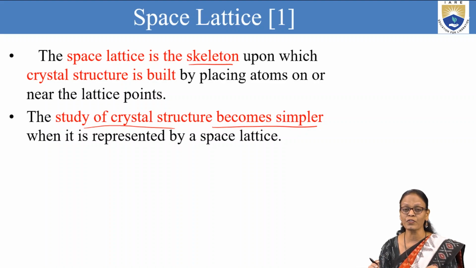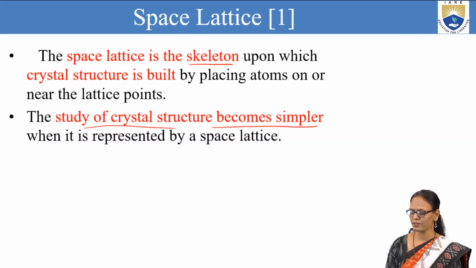If you want sodium, you place sodium atoms at those positions in that lattice, so we get NaCl. Suppose we want the potassium structure, KCl. We place the potassium atoms at those particular points. So the study of the structure becomes simpler when we understand this skeleton, that is the lattice structure.